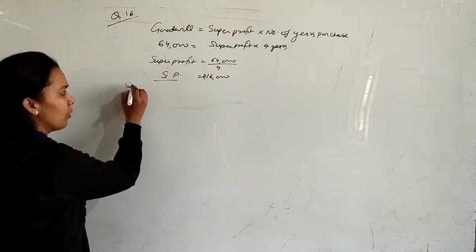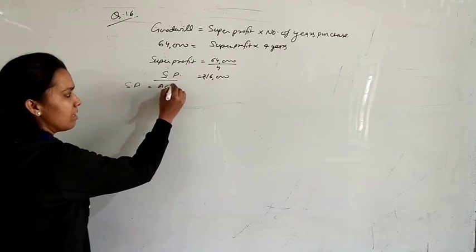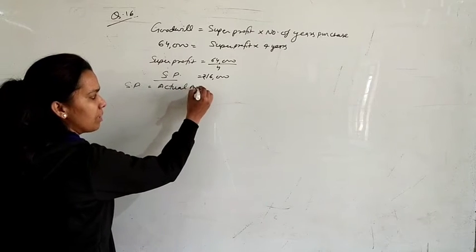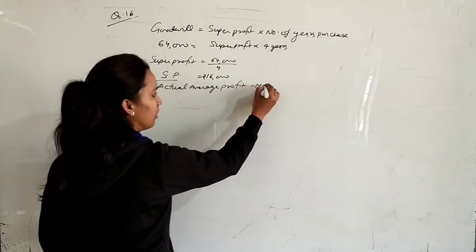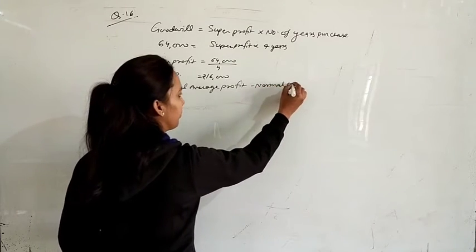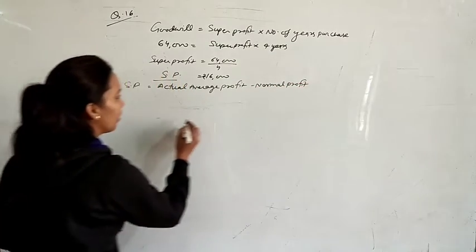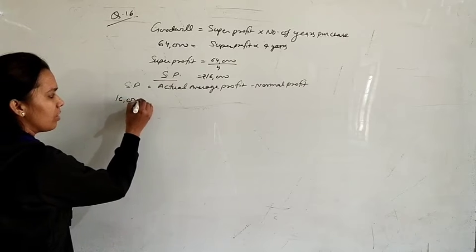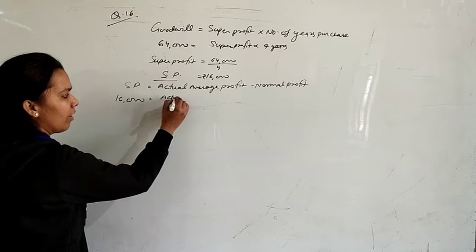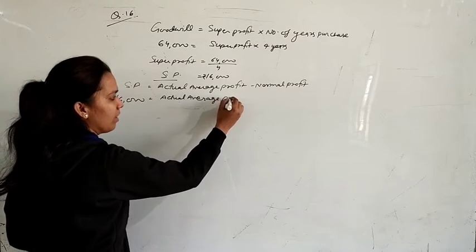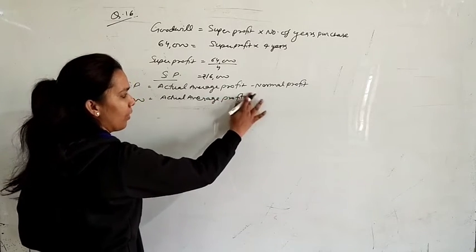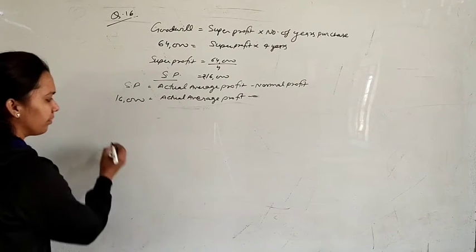Now let's put the formula of super profit, that is actual average profit minus normal profit. Super profit is 16,000. Actual average profit we don't have in the question because this is our main question that we will find in this. Normal profit we can find.